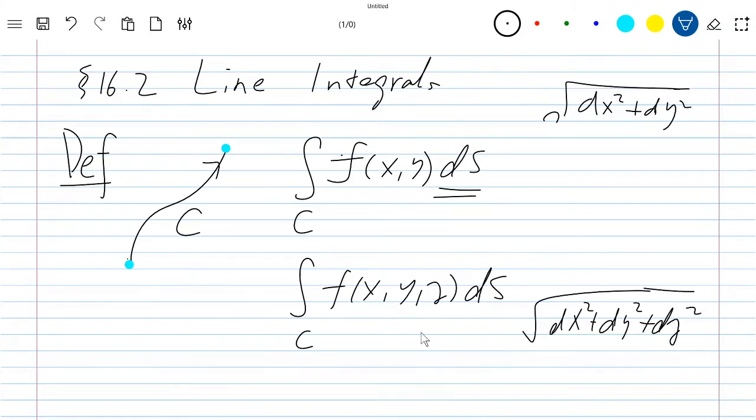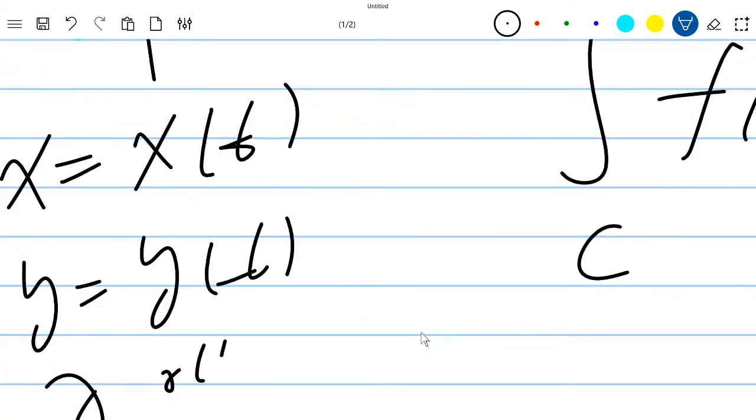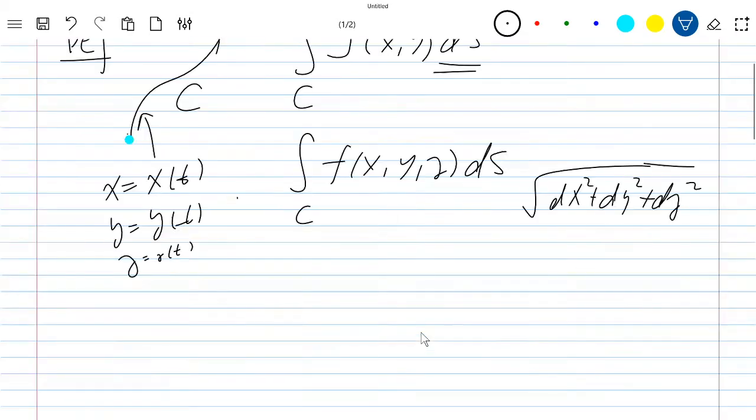But to integrate that, we have to parameterize this curve. So let's say this curve is parameterized as x equals x of t, y equals y of t, and z equals z of t. So t is a parameter. So we can write the line integral in this way, f. Let's use x and y to make it easier.